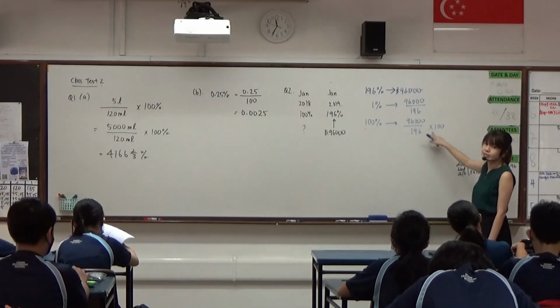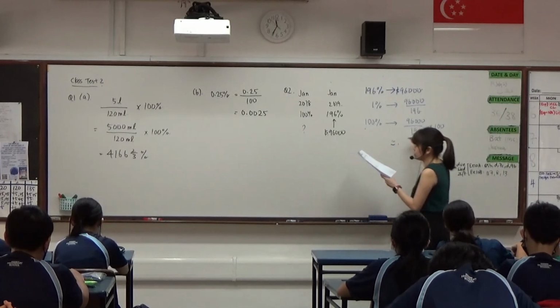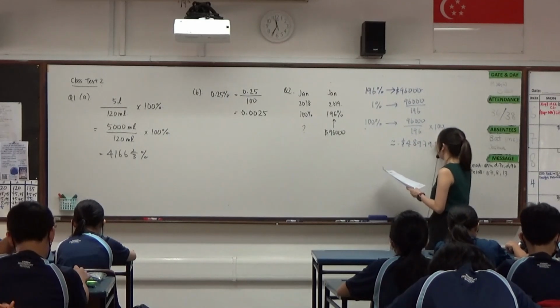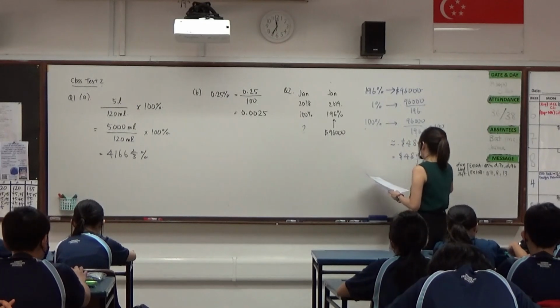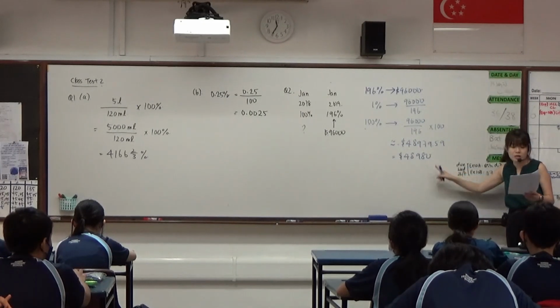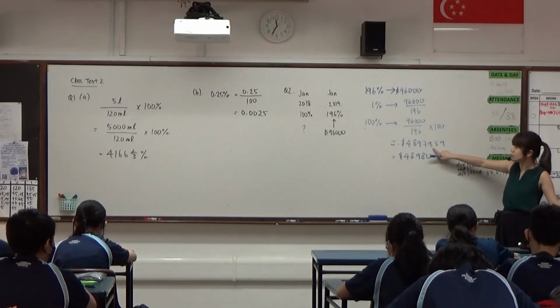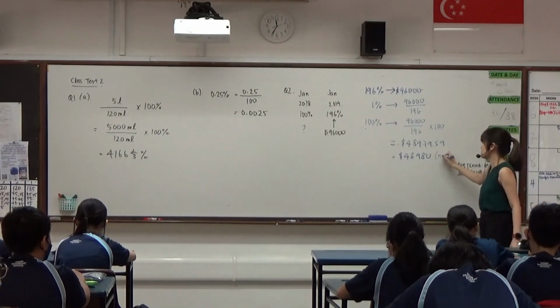Now you can key into your calculator. We will get 48979.59. Rounding off to the nearest whole number, this is a 5 here, it will cause the 9 to round up, so it becomes 48980.